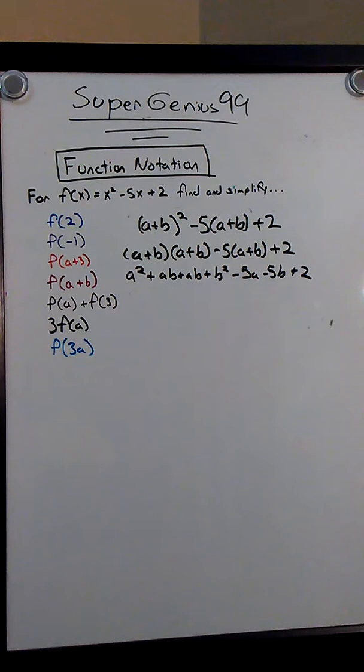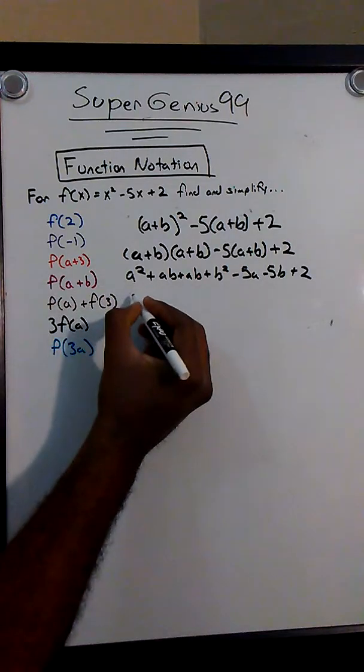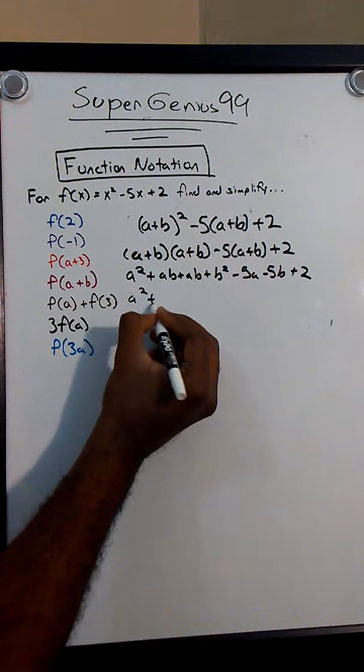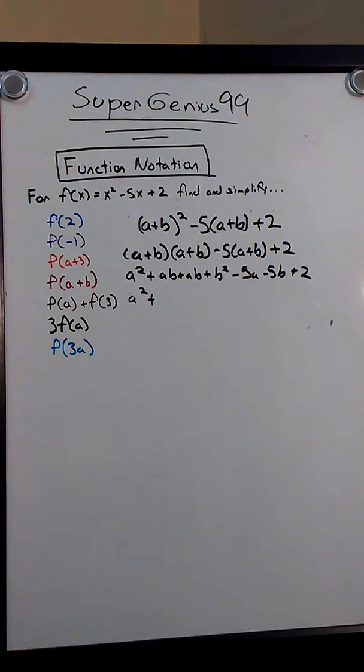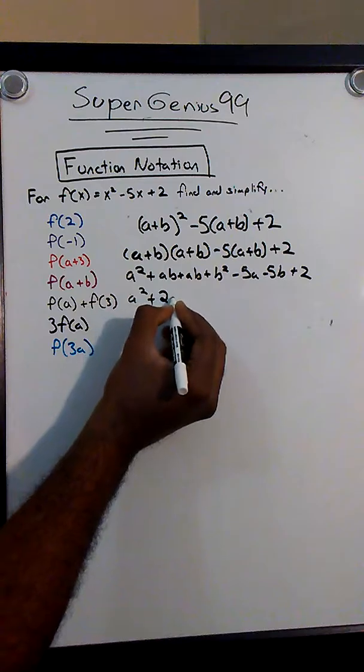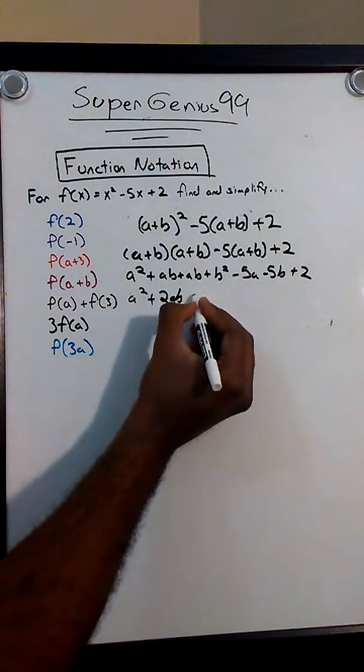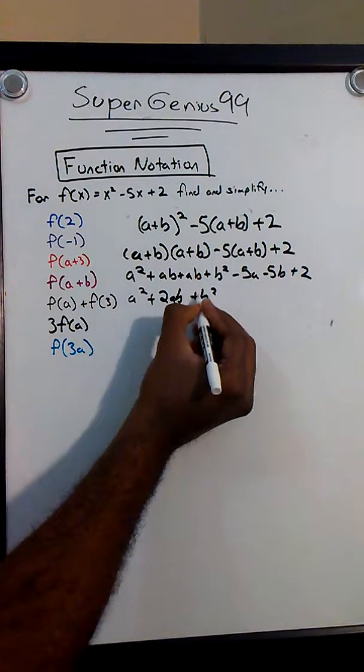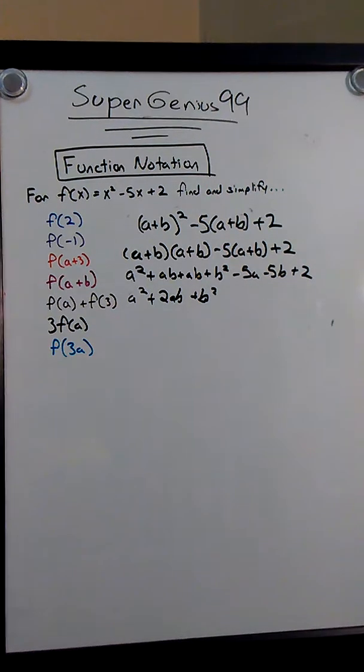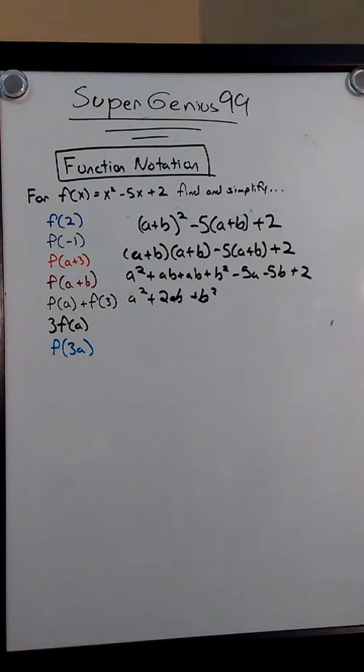So a squared is by itself. Plus ab, so that's plus 2ab. There's only one b squared. And then you have just one 5a and one 5b, and then plus 2.